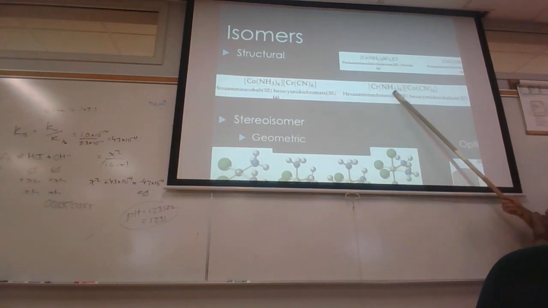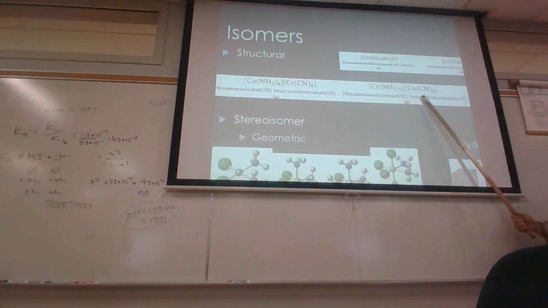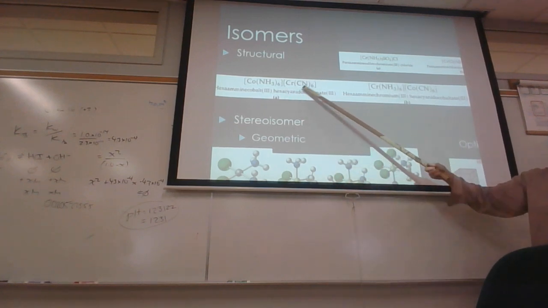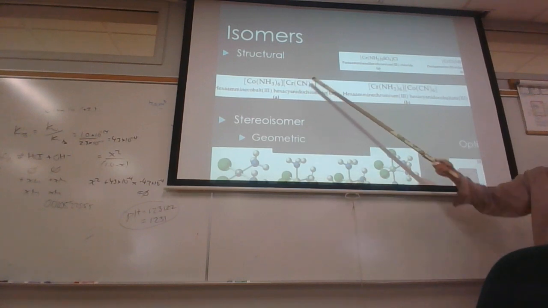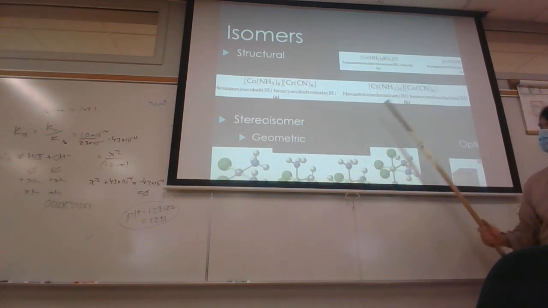So this is going to be hexaamminechromium(III), and this would be hexacyanidocobaltate(III). And so it's just bonding the ligands to different metals in this case. But essentially all the same elements. And in fact, even the amines and the cyanos are the same. It's just structurally they're bonded differently.